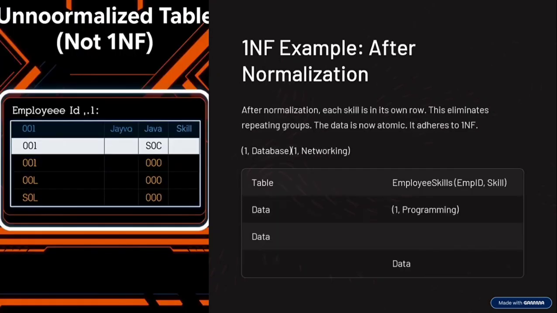Now after normalization, we have separated the data into separate columns: programming, database, and networking. So now we'll see what second normal form is.